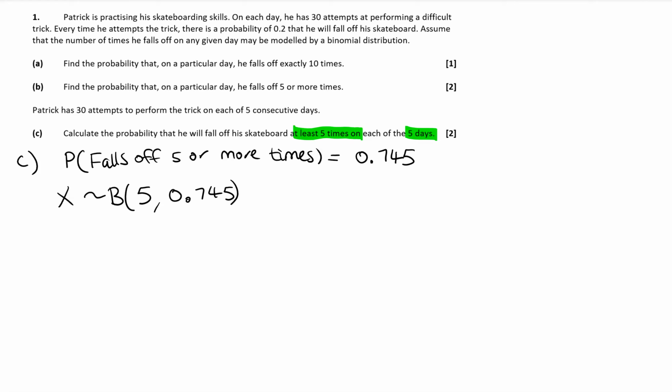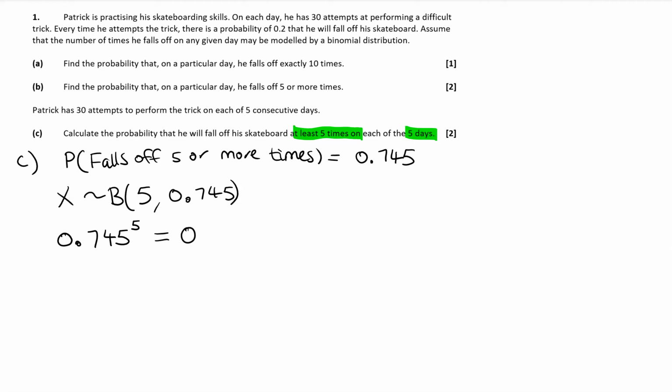But you don't really need to do it with your calculator for binomial. All you simply need to do here is realise that you're looking at this event happening 5 times, for every day. So all we simply need to do here is just do 0.745 and raise it to the power of 5.